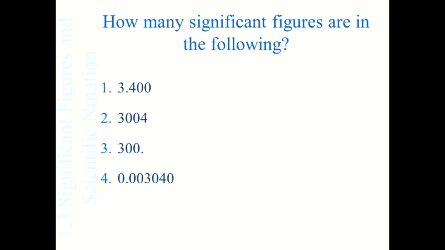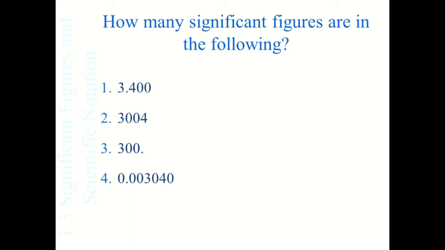No. The value does not change if I remove them. It's 3.4 either way. So why did I write them? Because they're significant to the measuring device that I use. This is telling me my measuring device measures all the way to here, and I guessed the last number. That's the only reason I wrote those zeros.